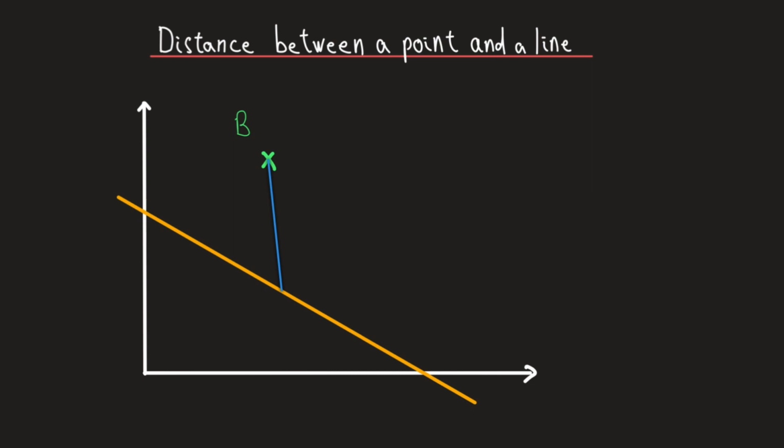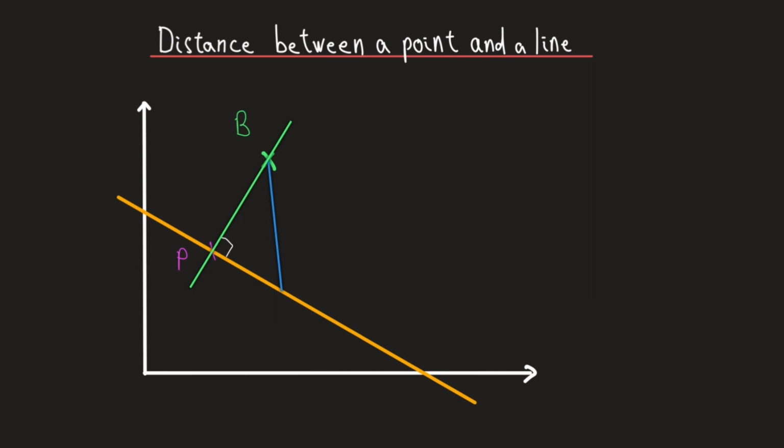Well, imagine we have a point P on our line. And that point P is not arbitrary. It's placed on the line such that the line joining our point B and our point P is perpendicular to our orange line, so to our initial line.